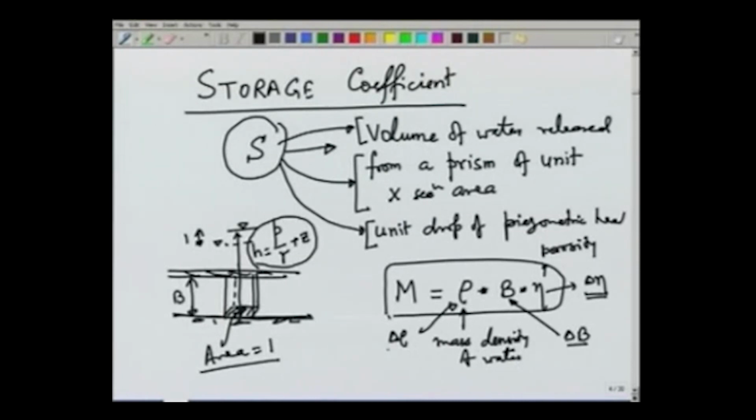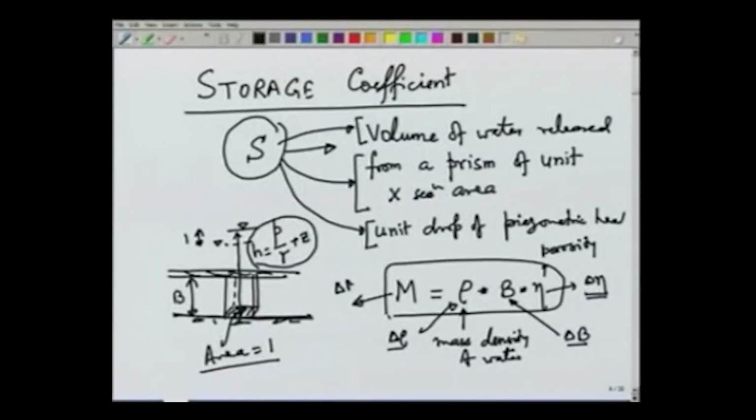So, all these three parameters change, and their net effect will cause some change in mass delta m. Our aim is to find out this delta m, because then we can relate the storage coefficient S with delta m. So, let us look at how to find out this delta m for certain change in pressure or the piezometric head H.